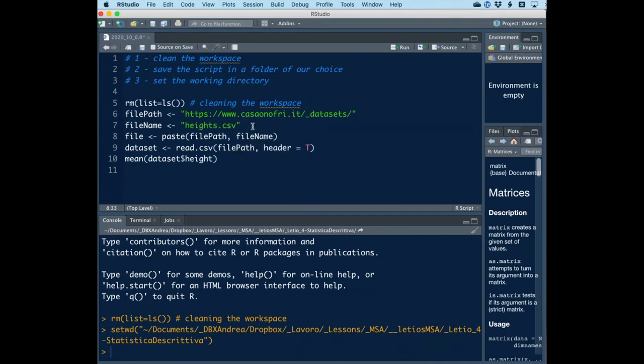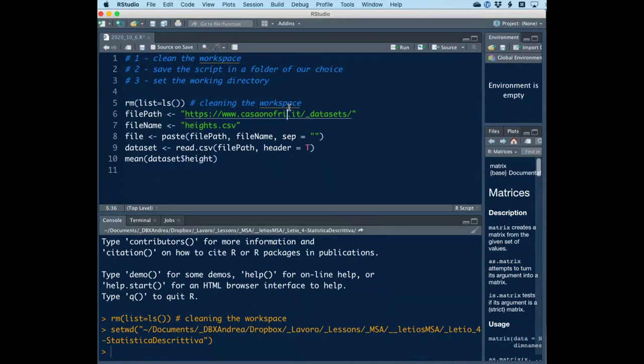You see, I have used two arguments to this function here. The first argument is the path to the file. The second argument is the name of the file. They are joined by using no separator. So they are just put one after the other without any separator.